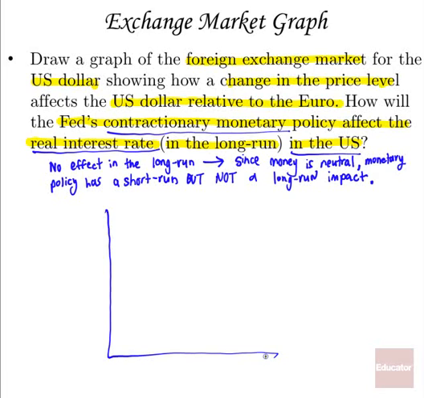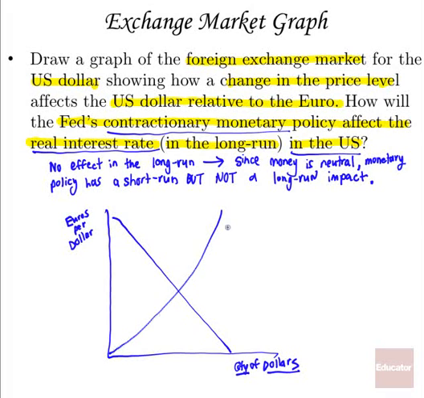Here's the quantity of dollars. Since the x-axis is dollars, you want to use euros per dollar. So here's the supply and demand, the exchange rate. This is the supply of US dollars, this is demand, and you get E1 right here, and you get Q1 right here. The change in the price level is dependent on what you had before.